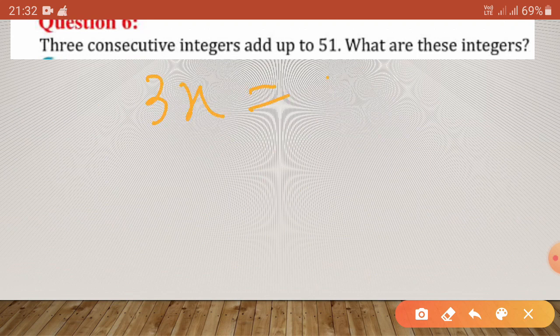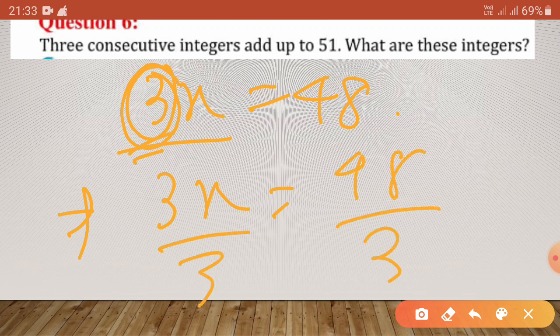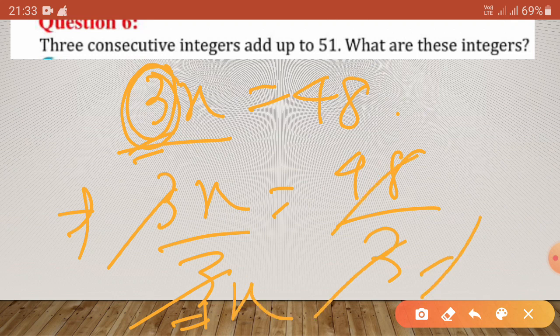Again, 3 is multiplied with x, so we have to omit this value, so we can divide by 3 on both sides. It gives us x on the left side, and on the right side it gives us 16, because 3 multiplied by 16 gives us 48. So basically we got that x is equal to 16.